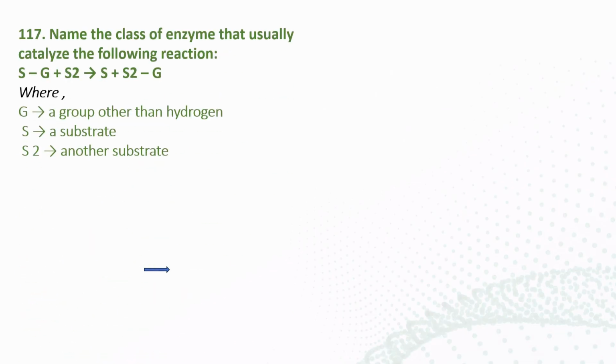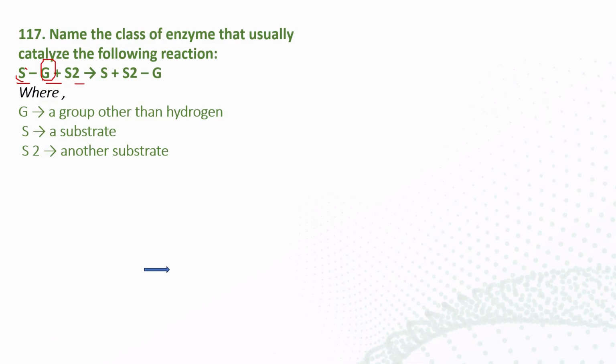The next question is, name the class of enzyme that usually catalyzes the following reaction. Here they have given an enzymatic reaction, a normal chemical reaction. In this you can see S-G-S-U. S means substrate and G means a functional group other than hydrogen.